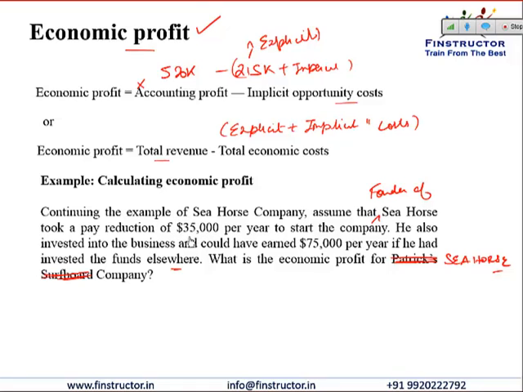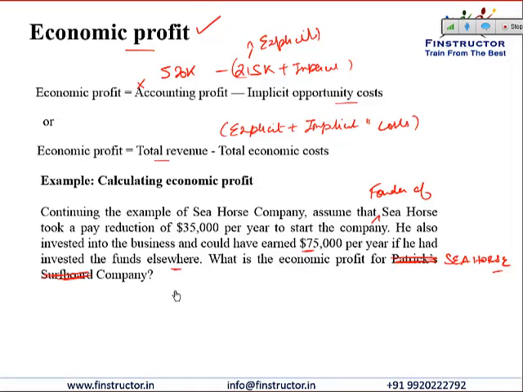So what we can say is that the founder paid himself below his fair salary to the extent of $35,000 per year. And he also had to invest his equity into the company to start the business. That money or those funds could have otherwise earned $75,000 per year had he invested them elsewhere.